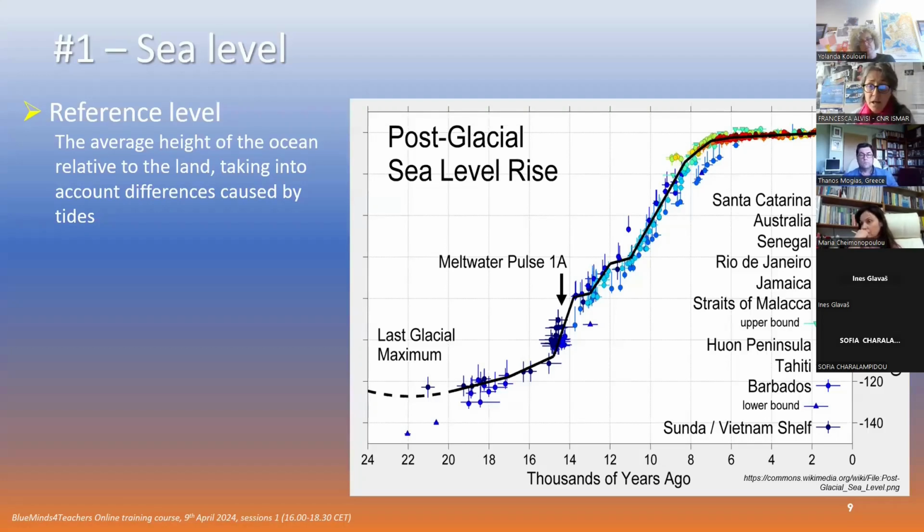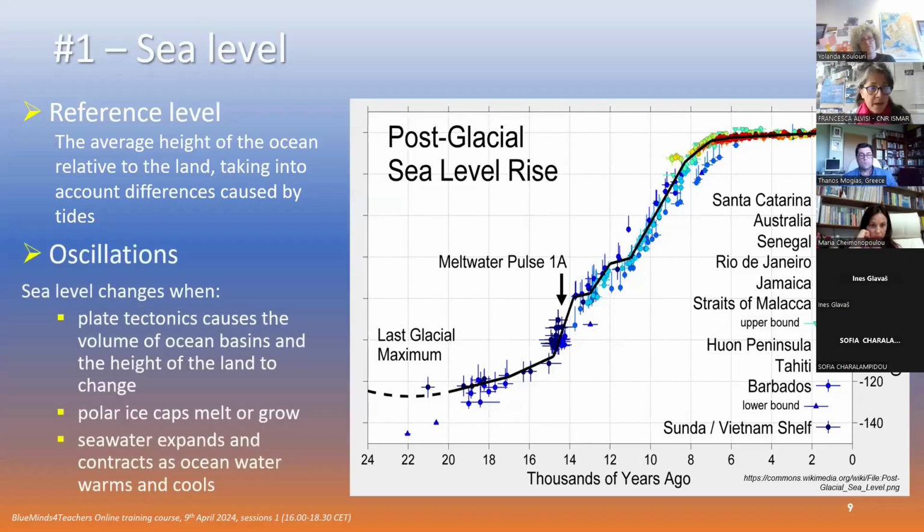Here you have a reconstruction of the post-glacial sea level rise, a kind of extrapolation of many data that have been put together to have this reconstruction from 24,000 years ago up to today. We have a lot of oscillations of this sea level, and they have a short range in time and space or a long range in time and space.